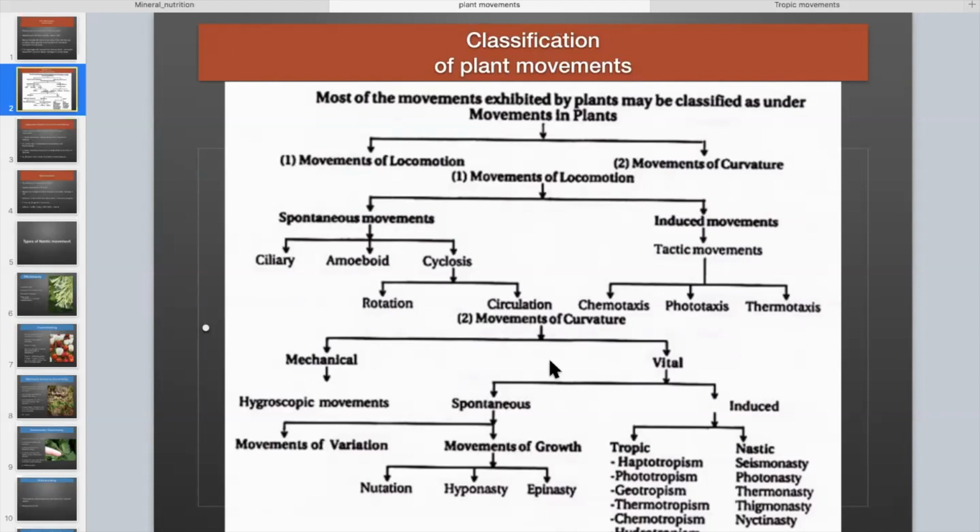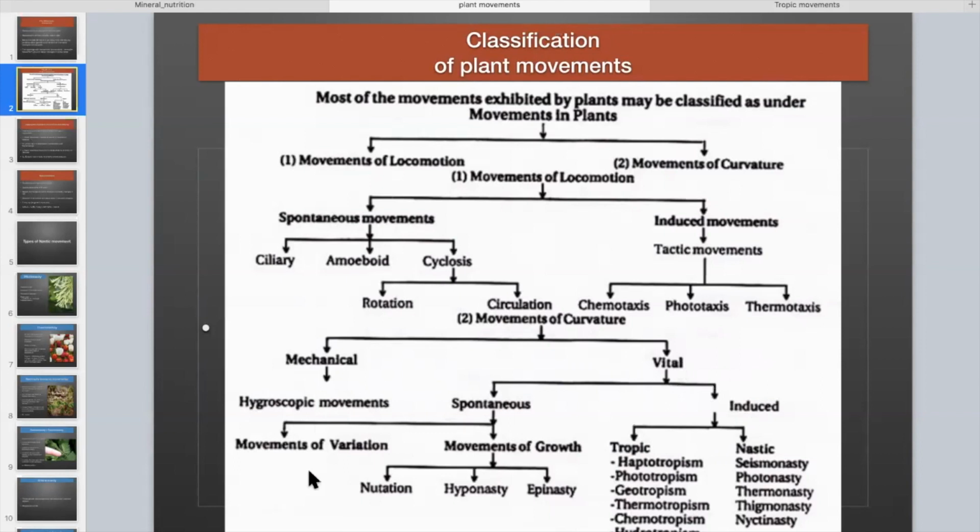Movements of curvature are again divided into mechanical movements and vital movements. In mechanical, hygroscopic movements can be seen, depending upon the water. Vital means important movements, again classified into spontaneous and induced.